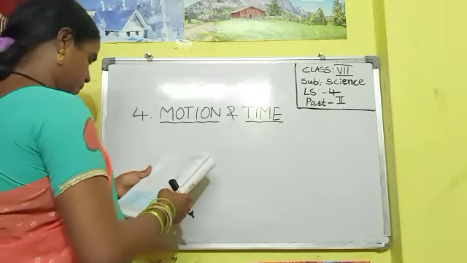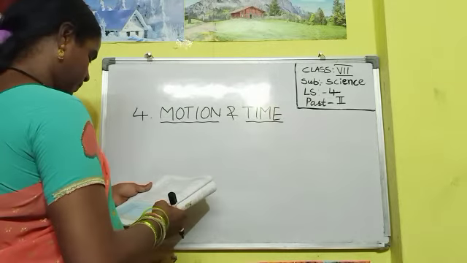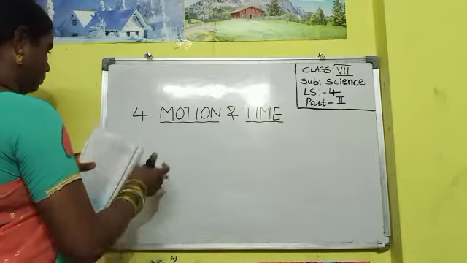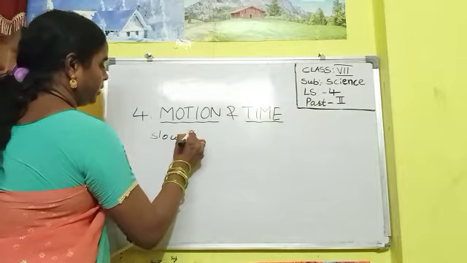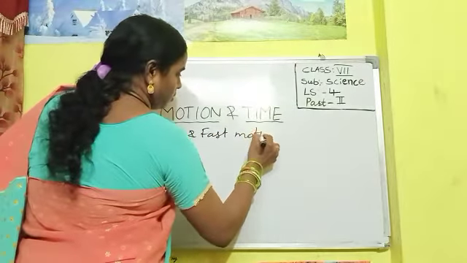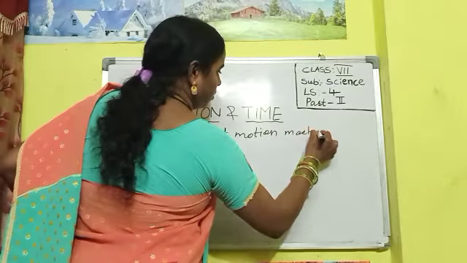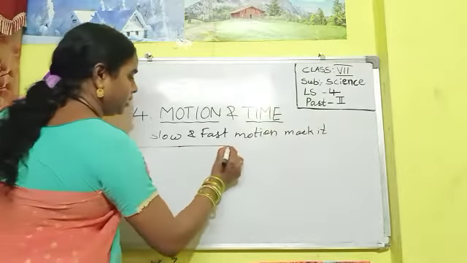Slow and fast motions, we have to find out. Slow and fast motion. Mark it. So I'll draw one table here.